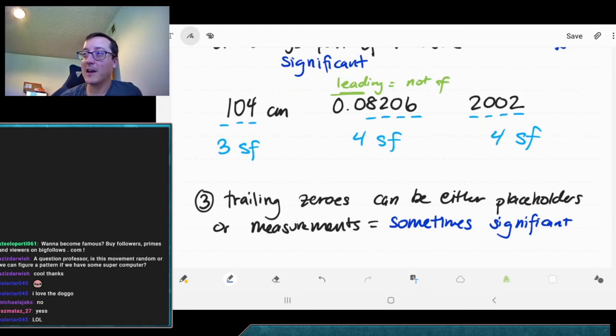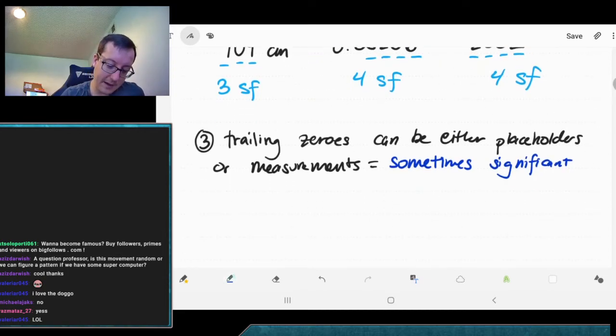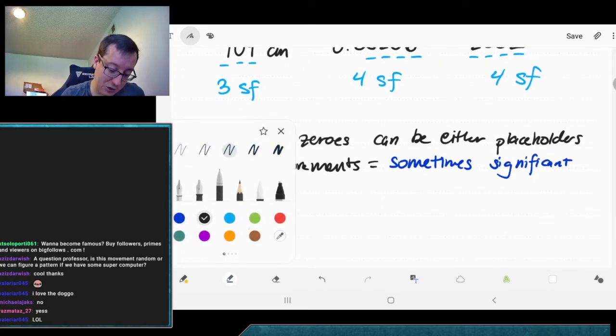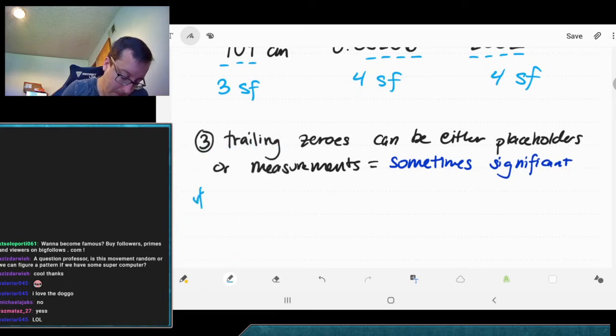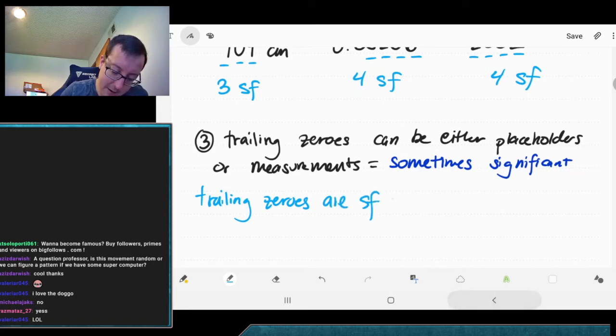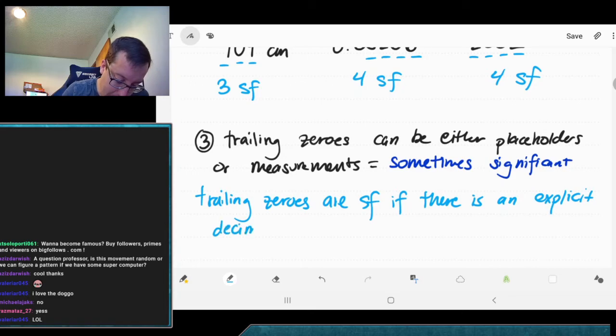We see that we have a rule. Trailing zeros are significant if there is an explicit decimal point anywhere in the number.